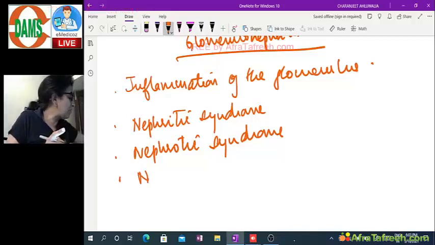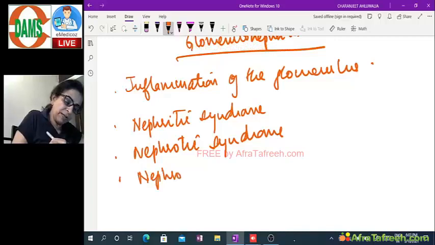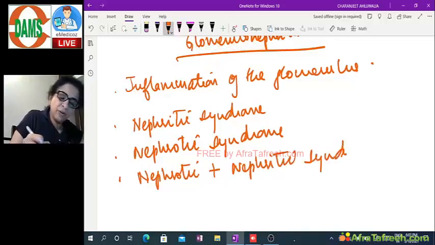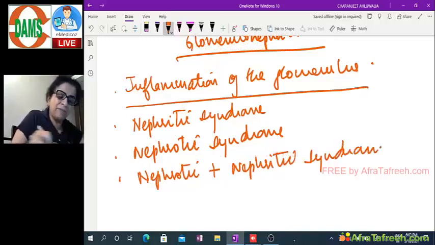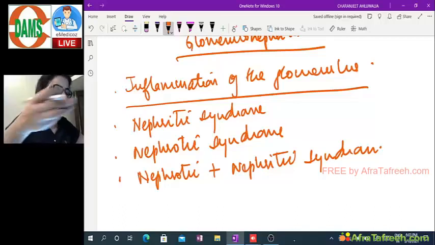So inflammation of the glomerulus is glomerulonephritis.